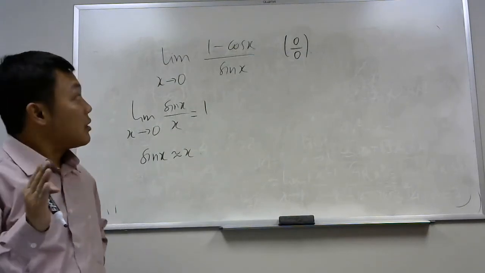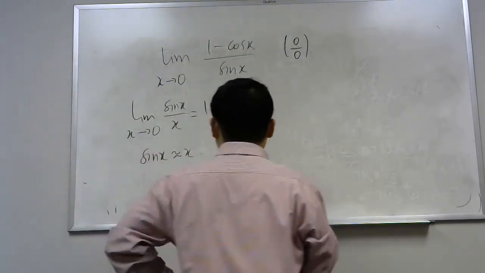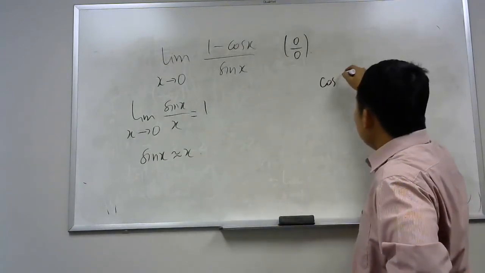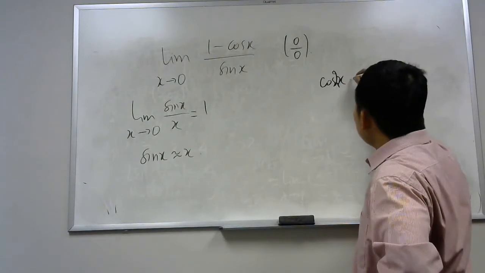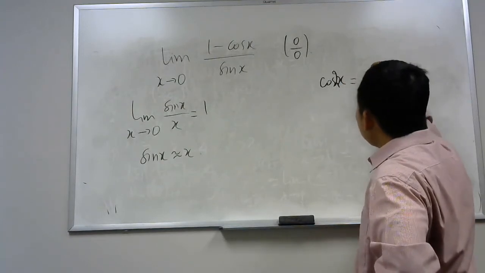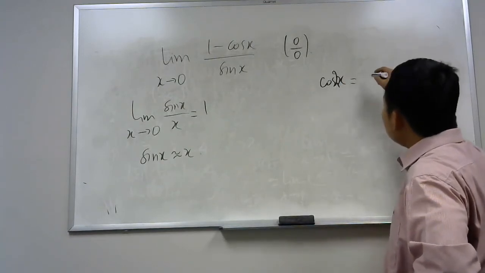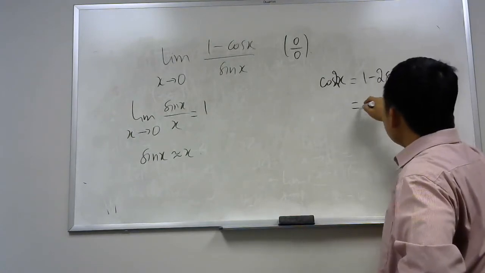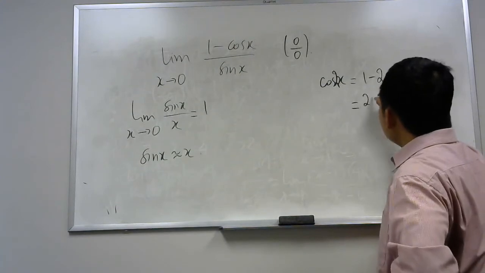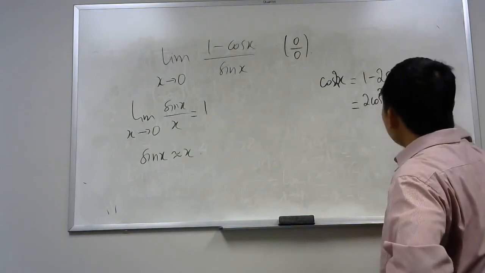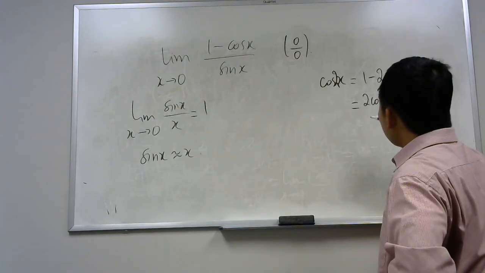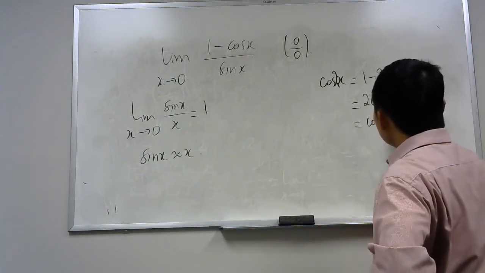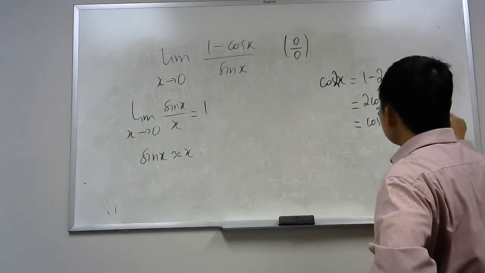From trigonometry, you have the following double angle formulas: cosine of 2x equals 1 minus 2 sine squared of x, or sometimes 2 cosine squared of x minus 1, or sometimes cosine squared minus sine squared of x.